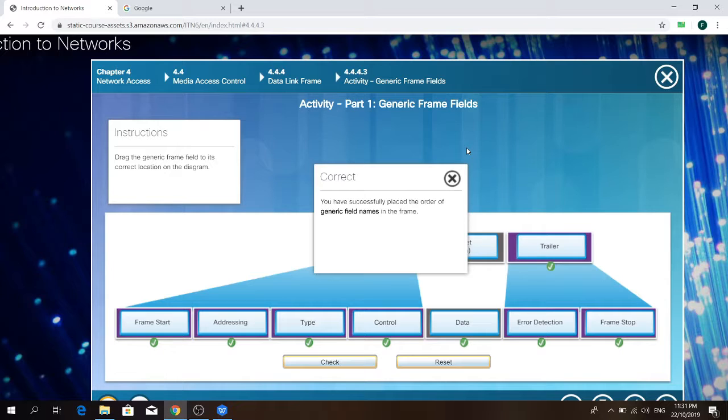So I corrected all the answers in the question.